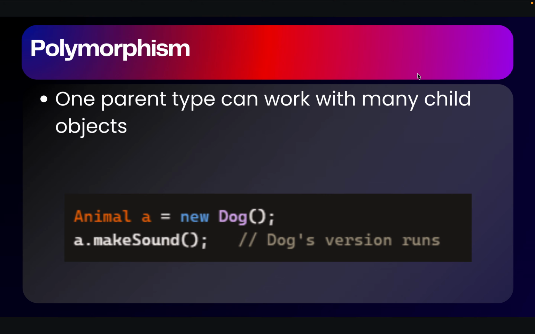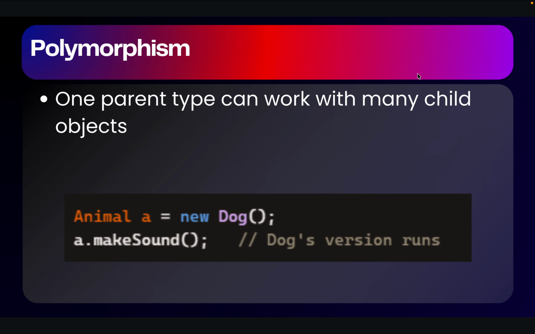But we're still having a different type or an object that relates to that class animal. So in this case, we have animal A equals new dog. Another way we could have had this, let's say we had a monkey class. So it'll be animal M equals new monkey, and so on and so forth.